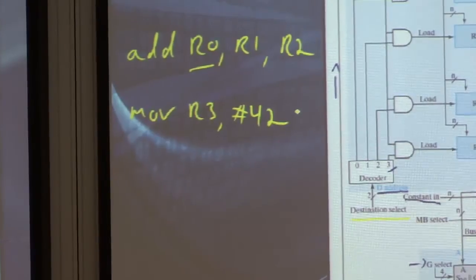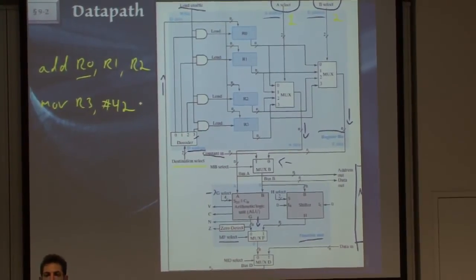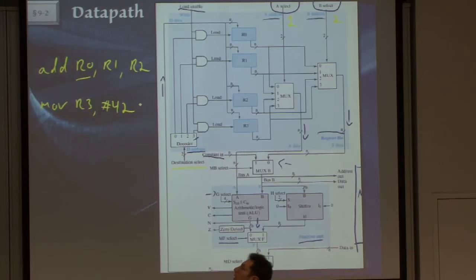Another example of an instruction you will see in 2142: move R3, 42. Move, unlike its name, is more like a copy. It says take the constant 42 and copy it into register R3.